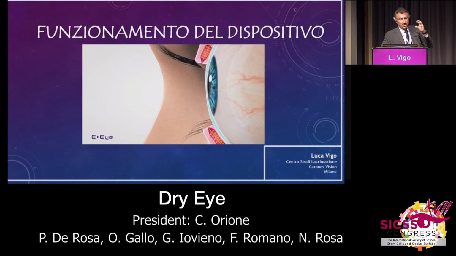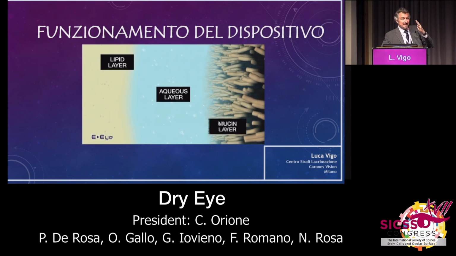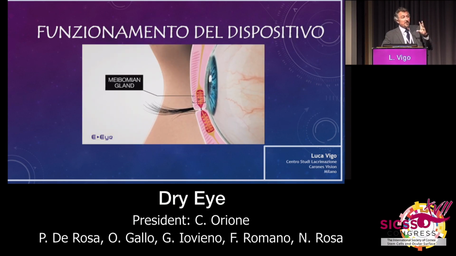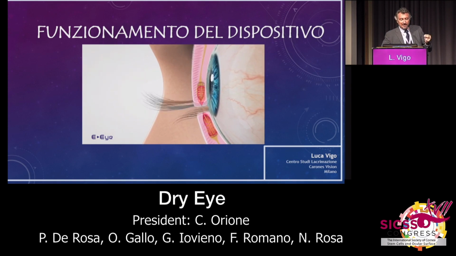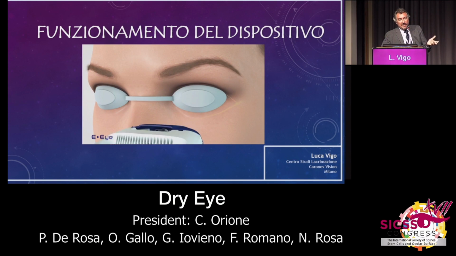You can see that the eye is continuously blinking, and the meibomian gland component is continuously squashed and pressed, and then there isn't any adequate protection of the tear film because it doesn't stay for a long time on the surface of the eye.